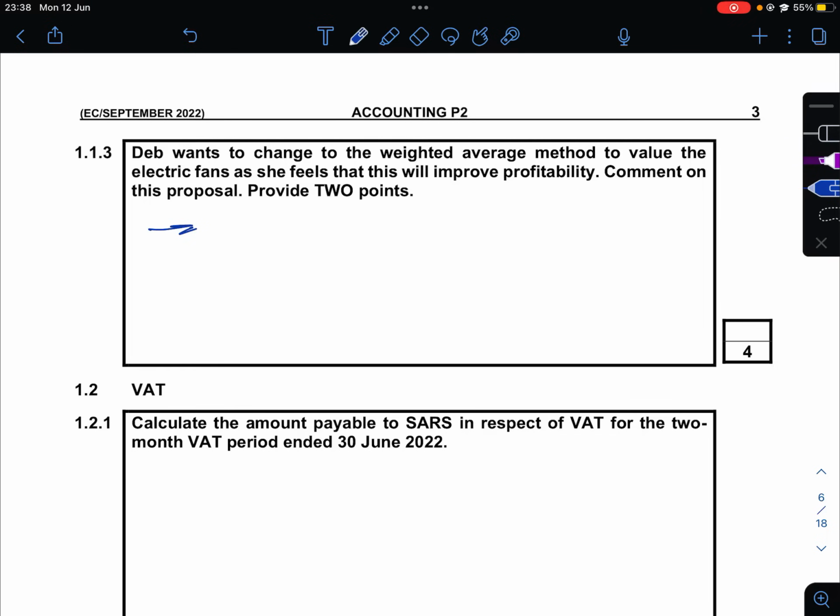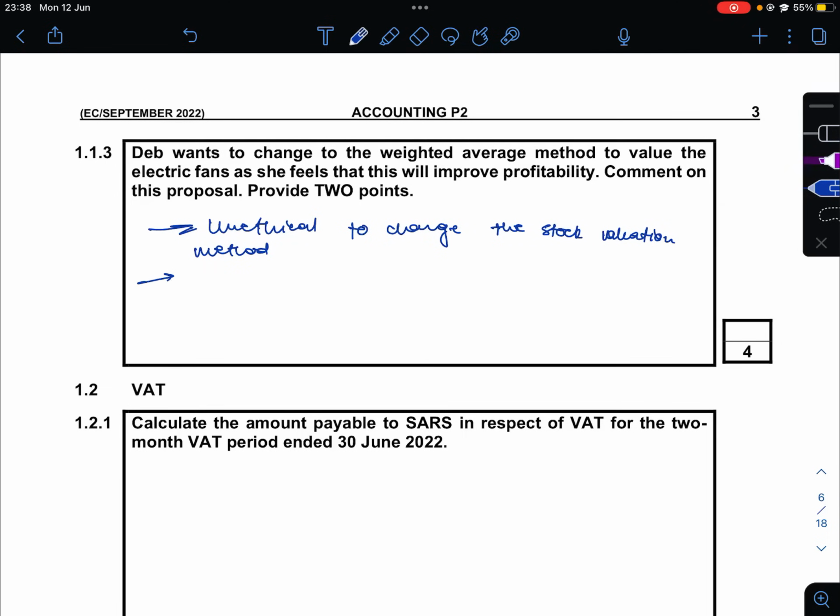You might want to increase your profits and increase your image to the eyes of the investors. So this is really unethical to change the stock valuation method.